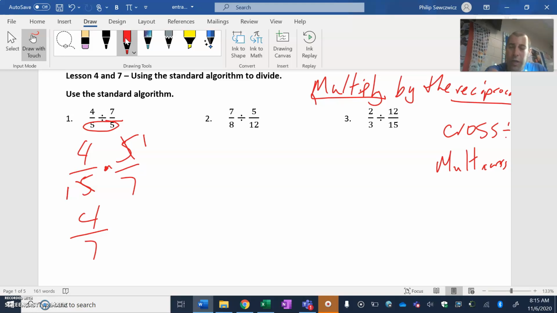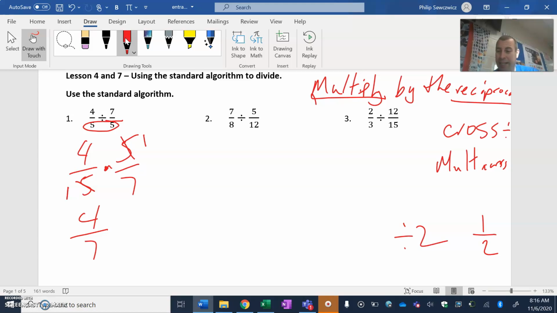Now, the thing about question 2 is we don't have that common denominator. We could do all the work to get a common denominator, but what we've found pattern-wise is it makes more sense to rewrite it as a multiplication problem. And here's another way of thinking about it. Dividing by 2 is the same as taking half of something.